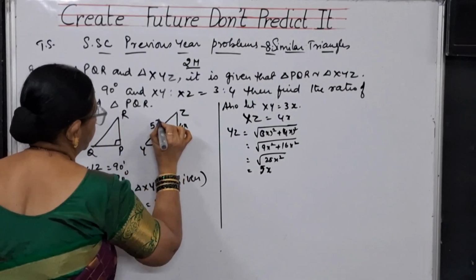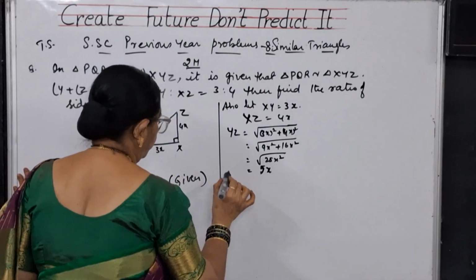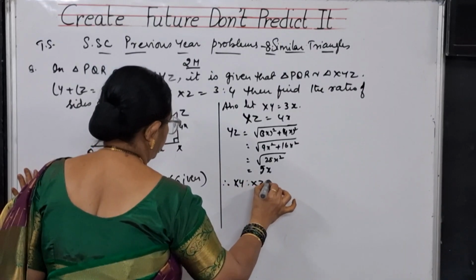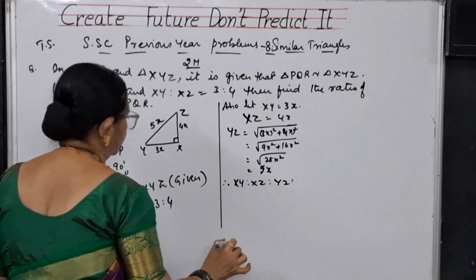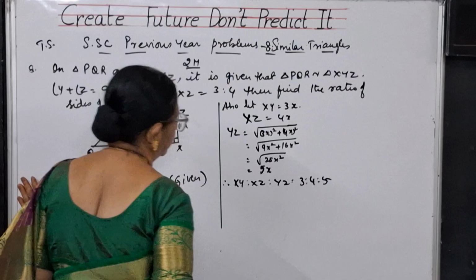So we will be saying that XY is to XZ is to YZ is equal to 3 is to 4 is to 5.